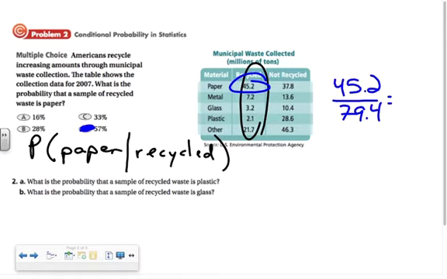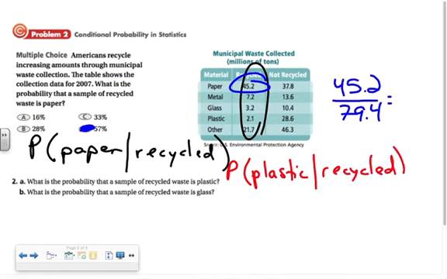So in the next problem 2, it's asking what is the probability that a sample of recycled waste is plastic. So again, you've got to read that really carefully and realize we are finding the probability of plastic given that it's recycled.